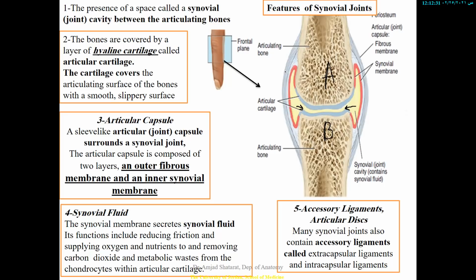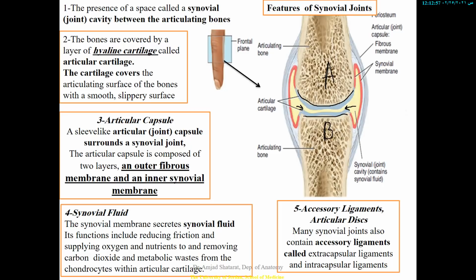What else? As you can see here, this is in blue. I would just go over it. Here, the ends of the articulating bones, bone A and bone B, are both covered by this blue structure in this diagram, which represents hyaline cartilage.